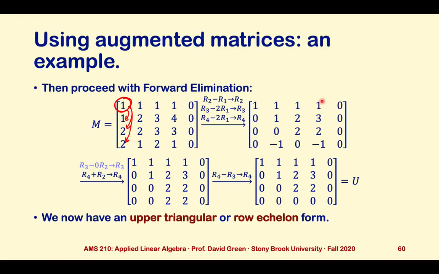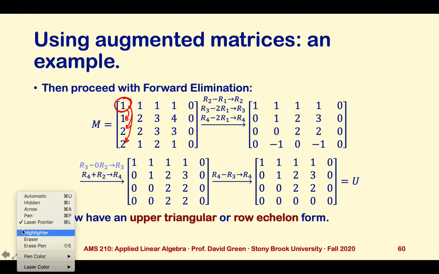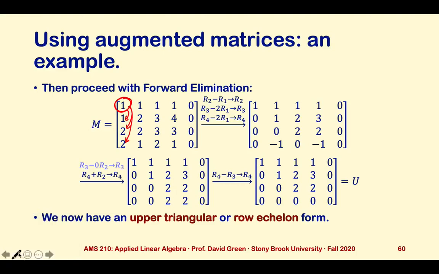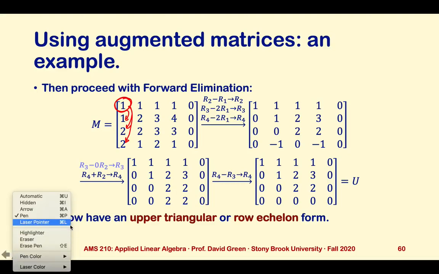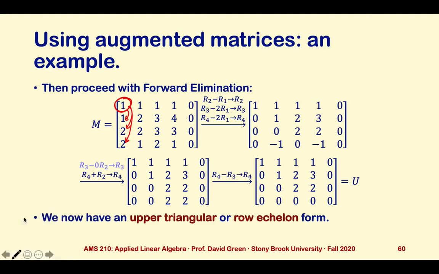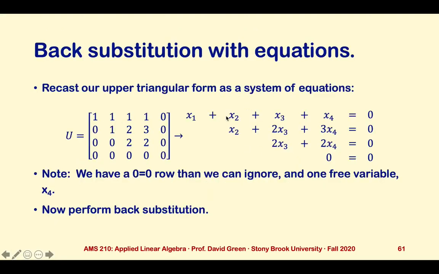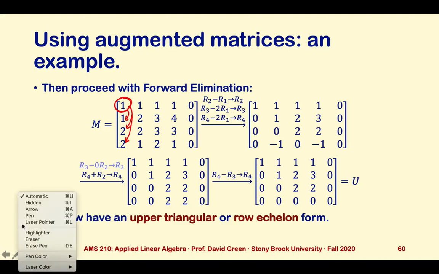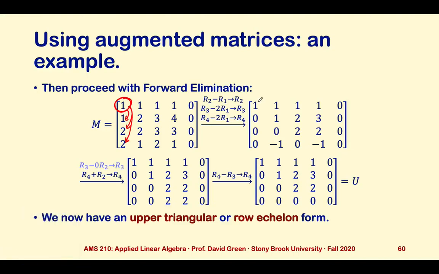Right? Okay, now, what would we do in the next step? We've completed a first column of elimination. We now have a column that has a single pivot and otherwise is all zeros.